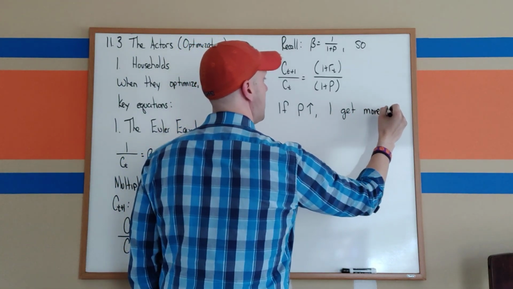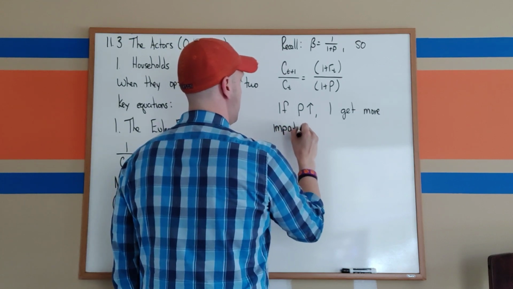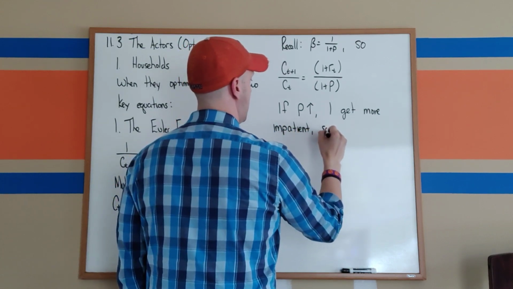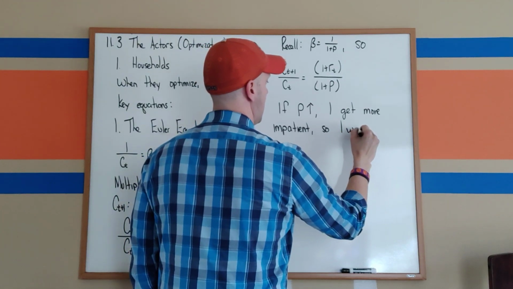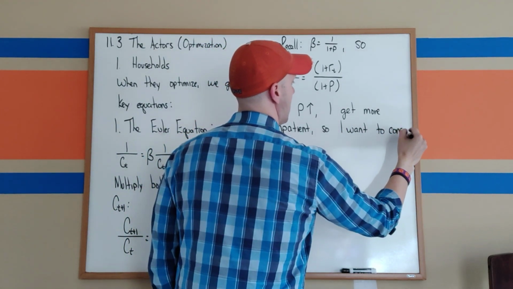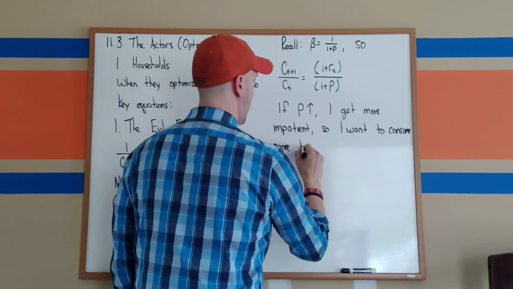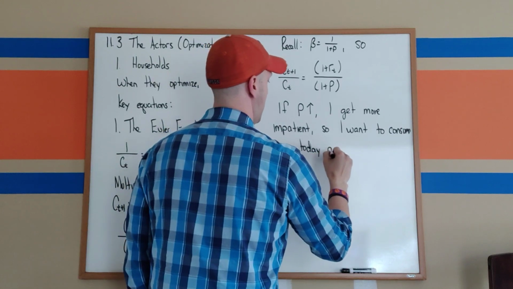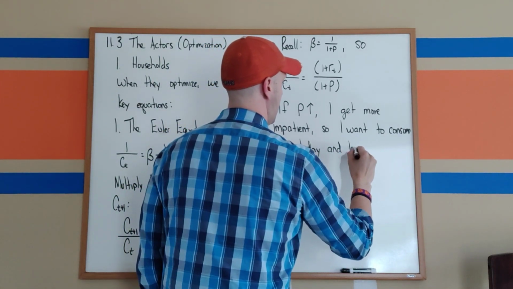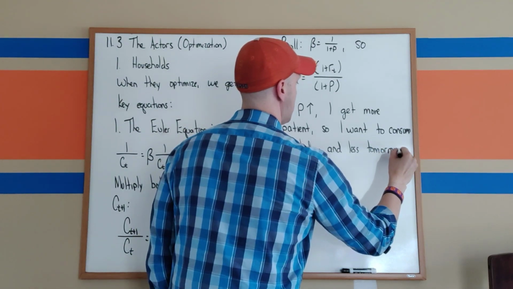Now, if rho goes up, I get more impatient. That means I want to consume more today and less tomorrow.